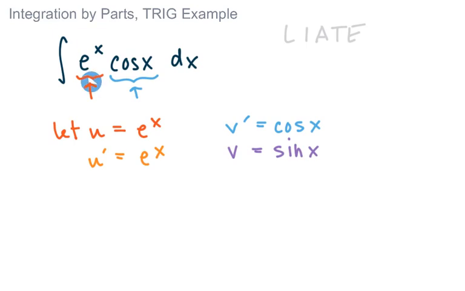One thing we know is that the derivative and the integral of e to the x is always going to be e to the x. And remember, when we consider the derivatives of sine x and cosine x, the derivative of sine is cosine, the derivative of cosine is negative sine, the derivative of negative sine gives me negative cosine, and taking the derivative again, it would continue to circulate and we would get positive sine.